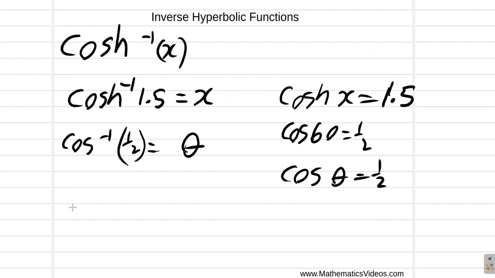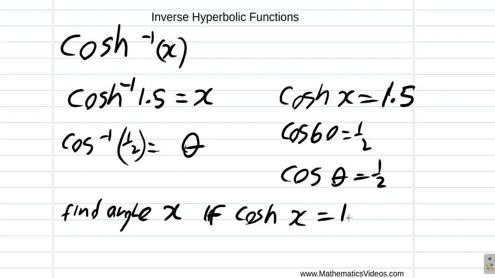So, a question might say, find angle x if cosh x is equal to 1.5. What you're going to have to say then is that since cosh x is equal to 1.5, then the cosh inverse of 1.5 will give you x.